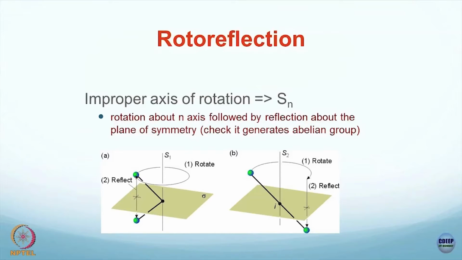This is what rotor reflection S1 is. It is nothing but just the mirror symmetry. S1 is isomorphic to sigma h, and sigma h is made of the identity element and the mirror transformation.